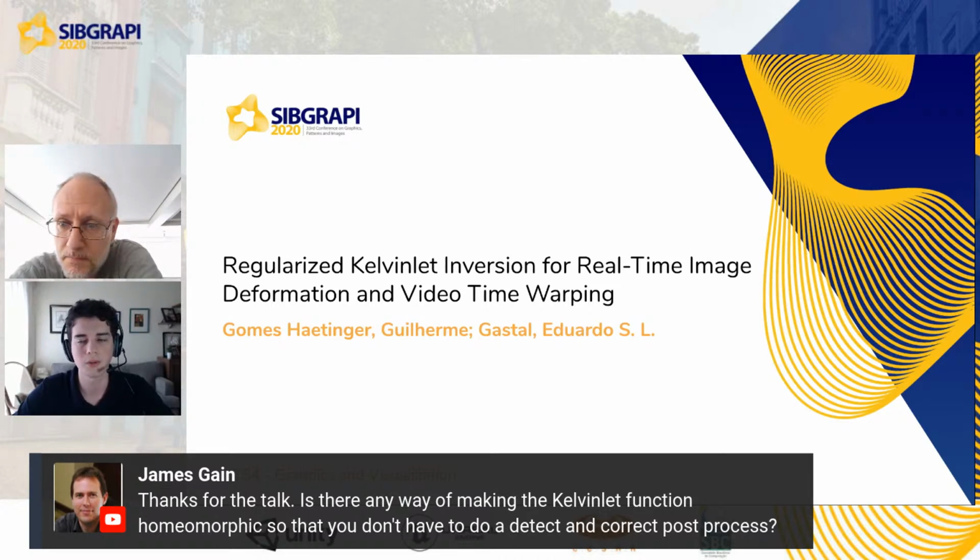Okay, so I don't think there is. The Kelvinlet equation is really complex, and we took it from another paper. So we don't necessarily have the knowledge we would like to have on the equations, but the Kelvinlet deformation is actually something that has been around for a long time, and it's the idea of elastic deformation, right?